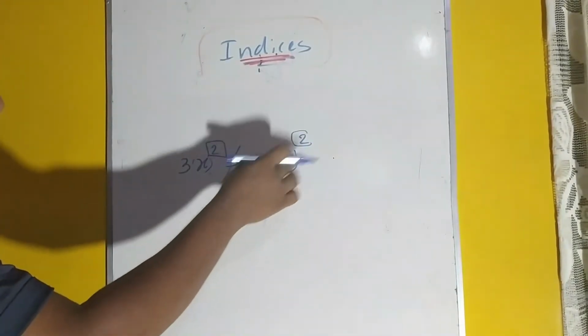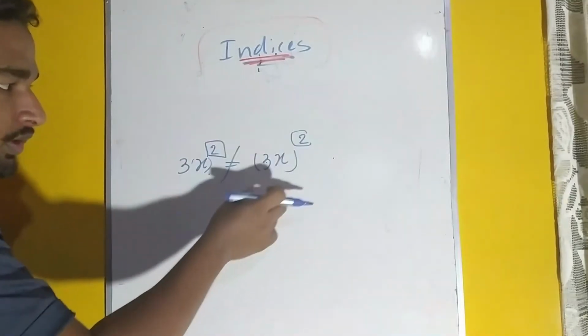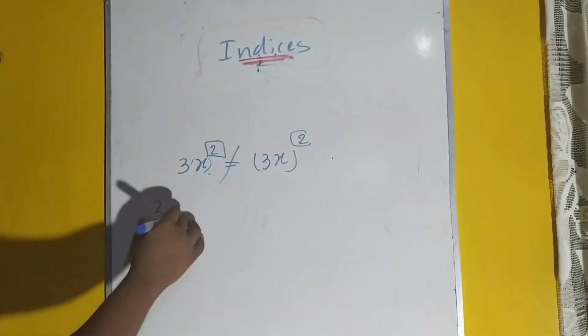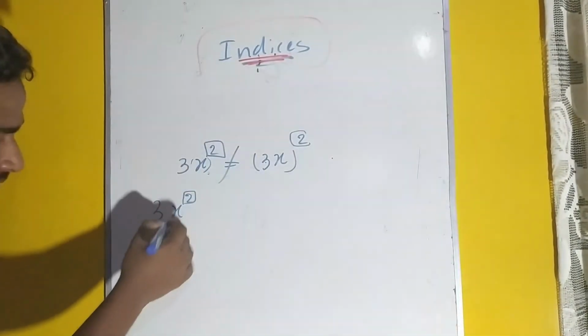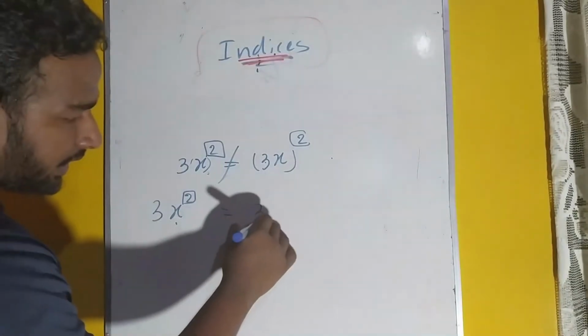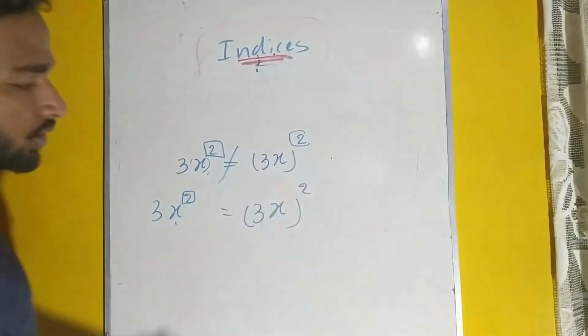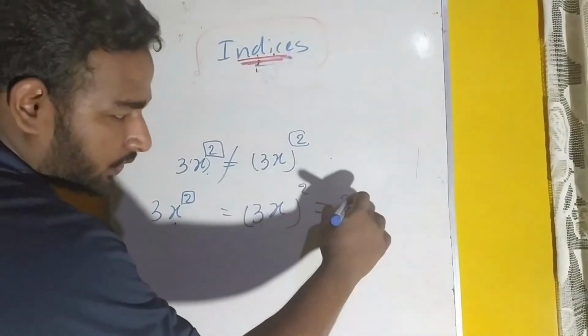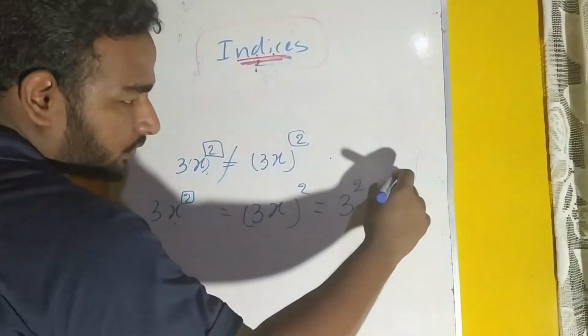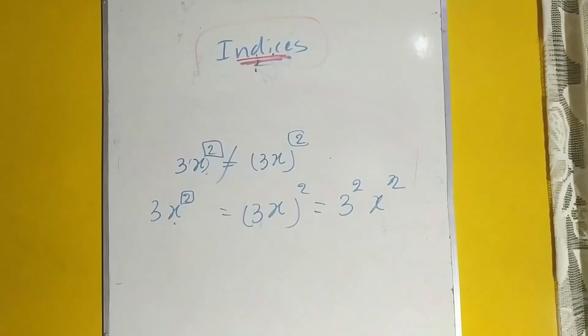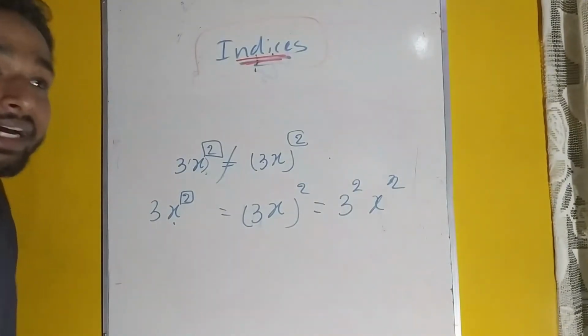Not only for this x or not only for this 3, this 2 is for both. So 3x to the power 2 means this 2 is only for this x. 3x whole thing to the power 2 means what? This 2 is for 3 and this 2 is for x. This one you have studied in grade 8.